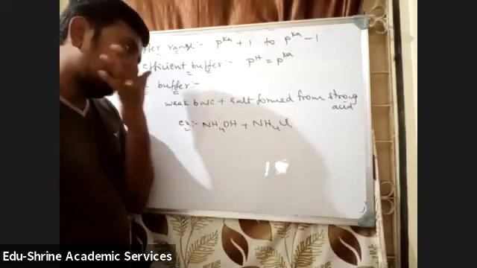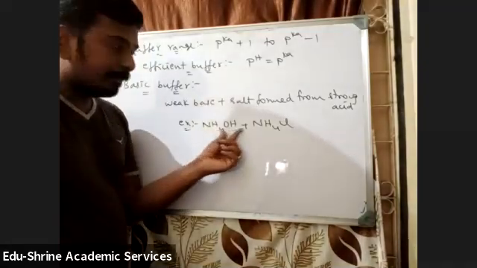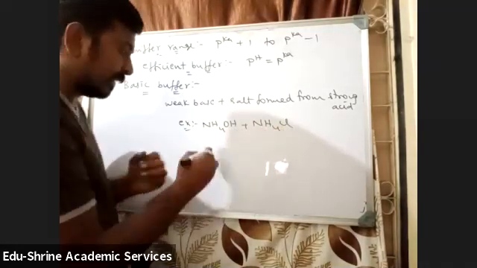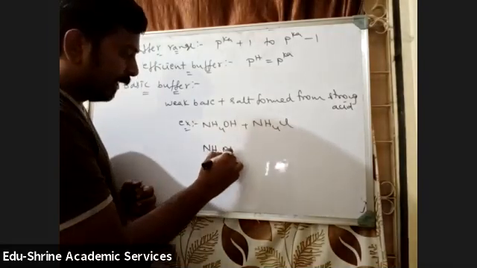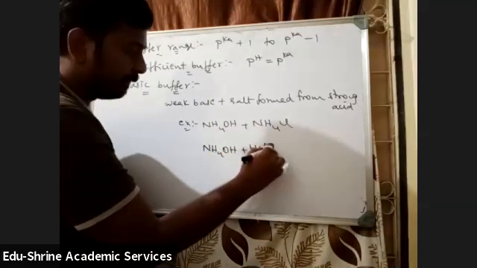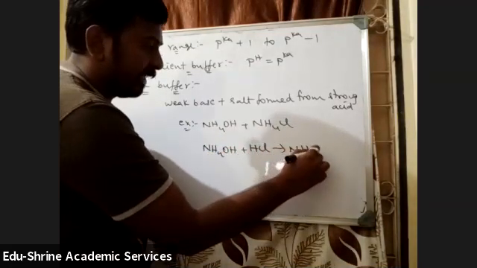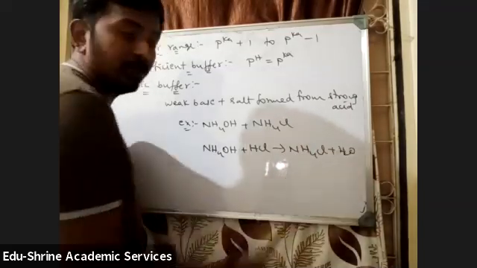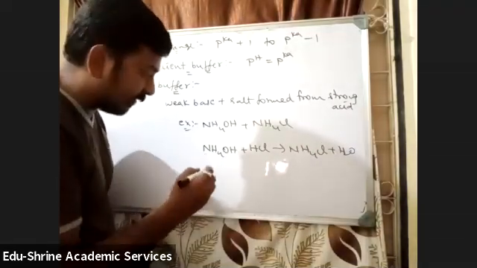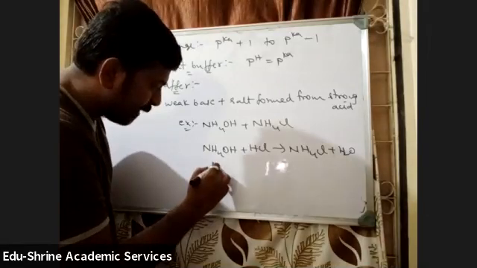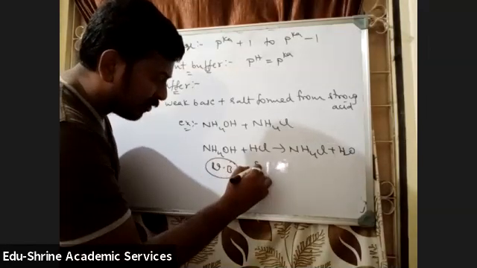So you can see this is a weak base, and this is a salt of a strong acid. That means NH4OH plus HCl will give NH4Cl plus H2O. So again this is an acid-base reaction. This is a weak base, and this is a strong acid.